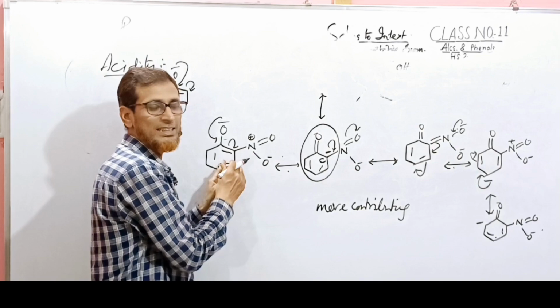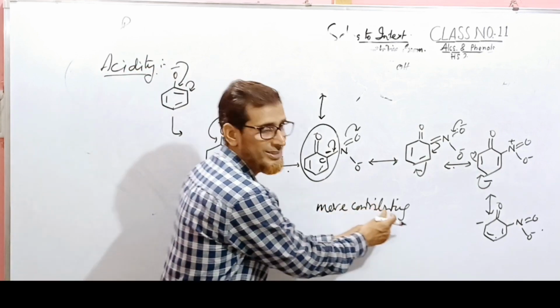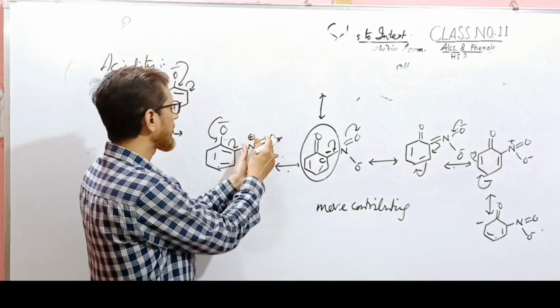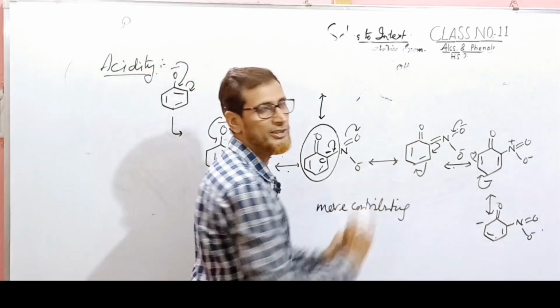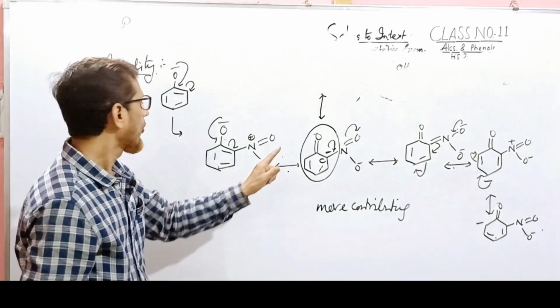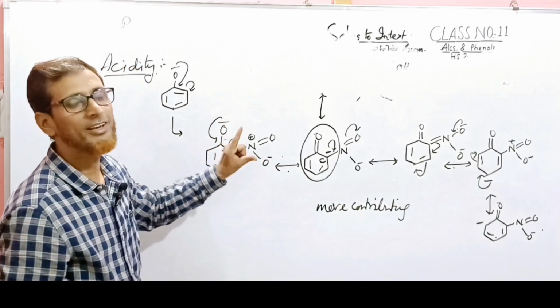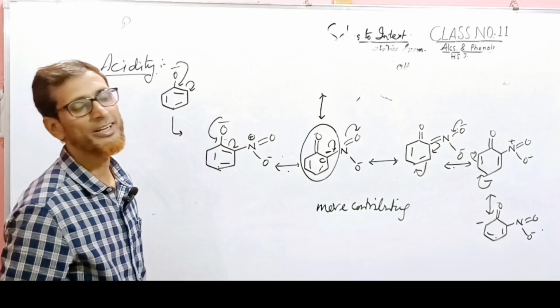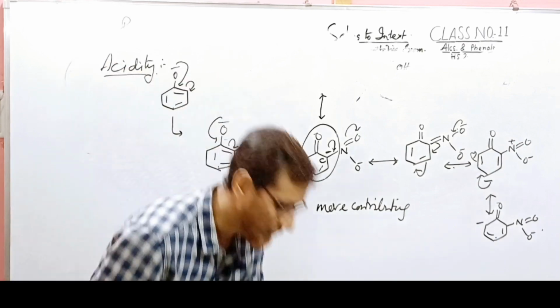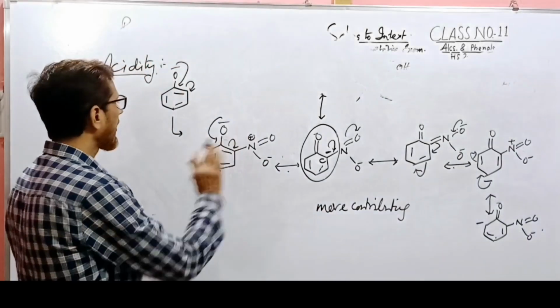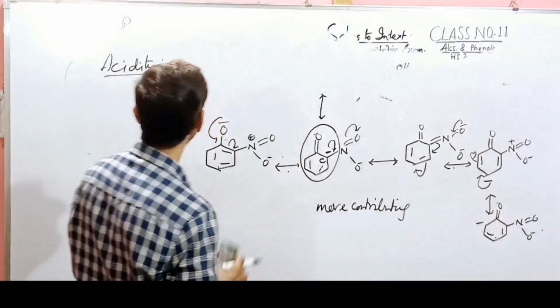That's why it restricts the contributing structures. So when the nitro group is in meta position, it doesn't give so many resonating structures. Therefore metanitrophenol is less acidic than paranitrophenol. Sometimes there is some controversy, a lot of questions are there. For the time being we can accept this.